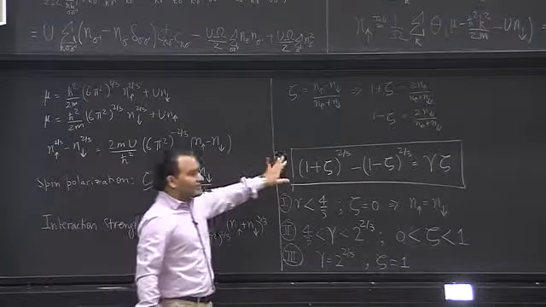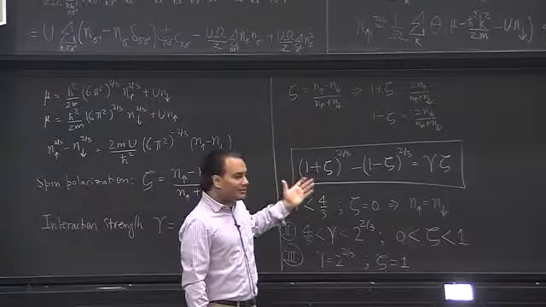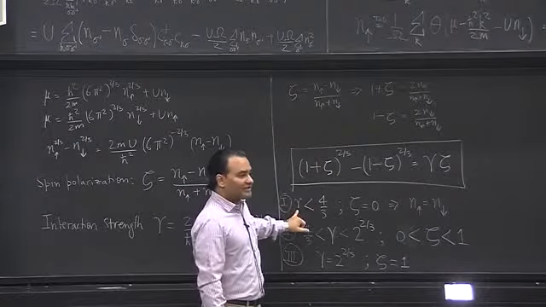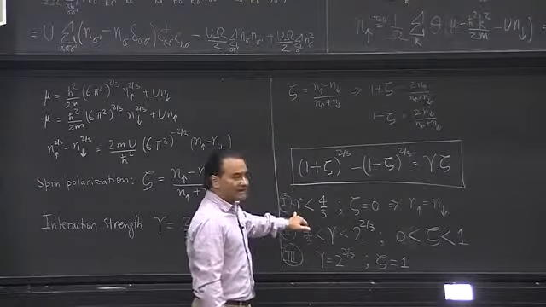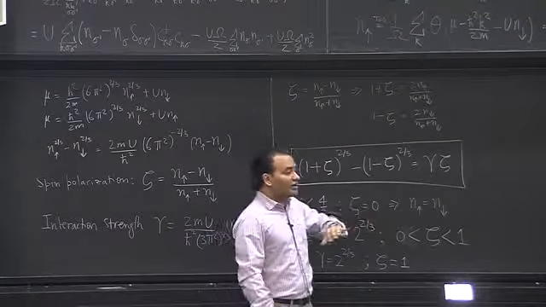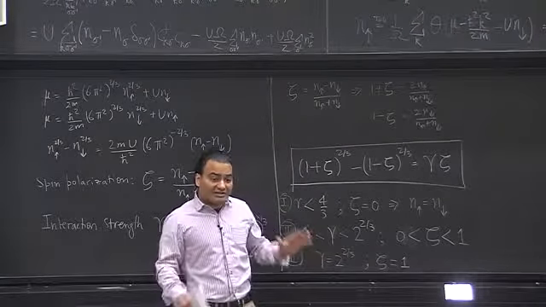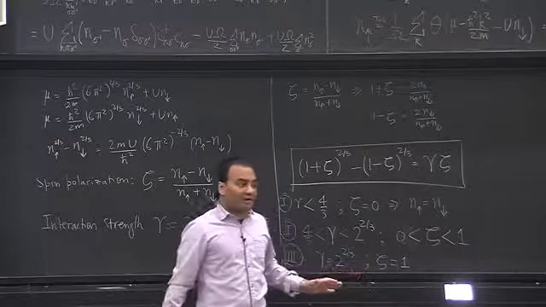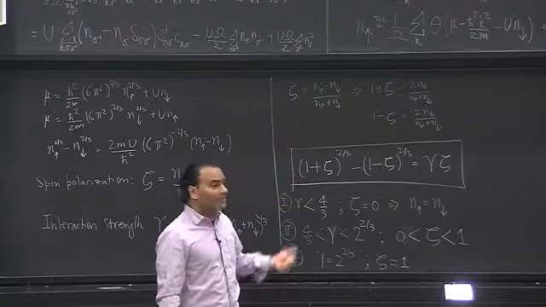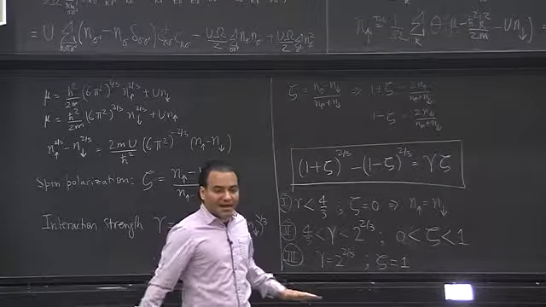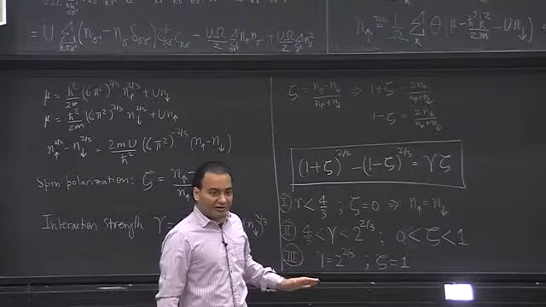So this self-consistency equation has three types of solutions. For small interaction strength, that is weak interactions, you get no spin polarization. So the system remains isotropic. The density of up-spin electrons is the same as the density of down-spin electrons.